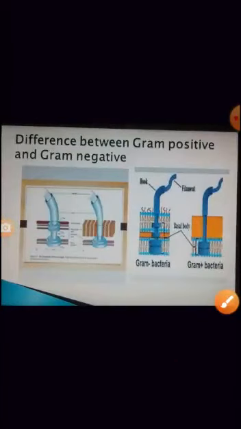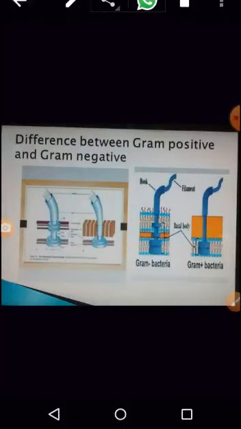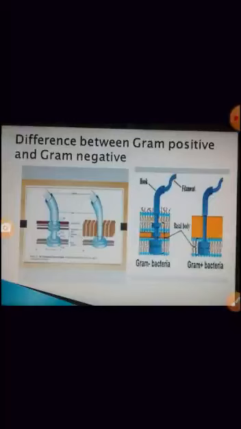Now, what is the difference between the flagella of a gram-positive bacteria and a gram-negative bacteria? In gram-positive bacteria, there is absence of the outer membrane, that is, there is no lipopolysaccharide layer.